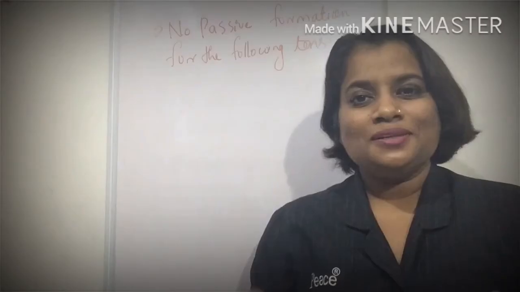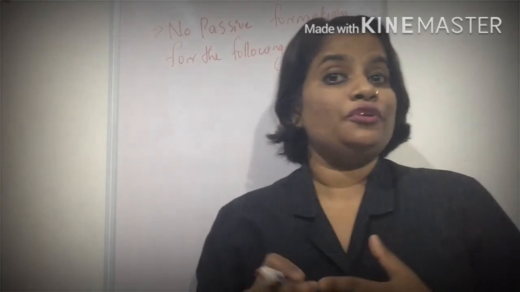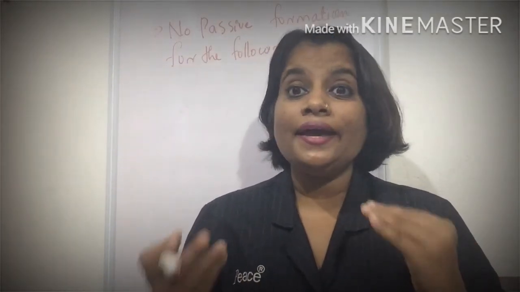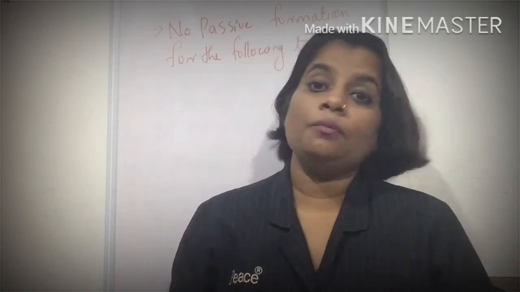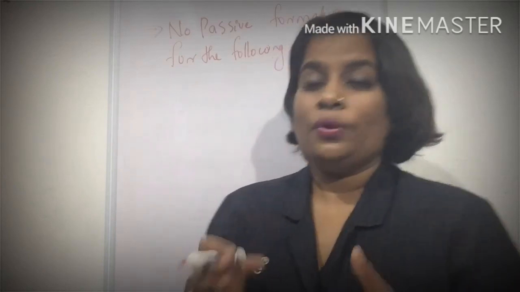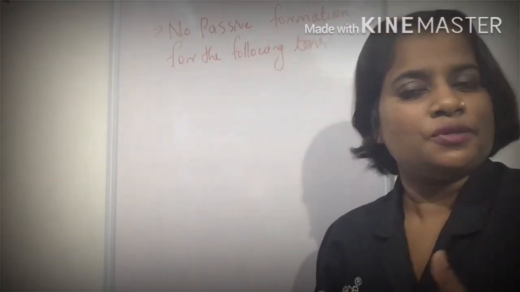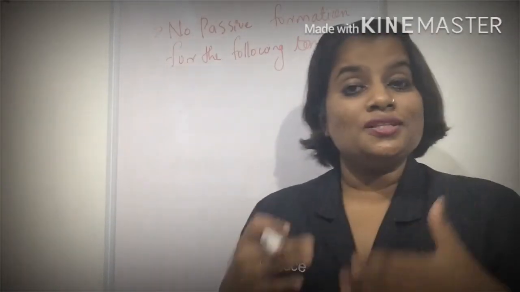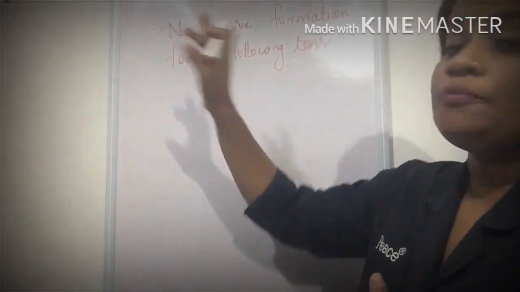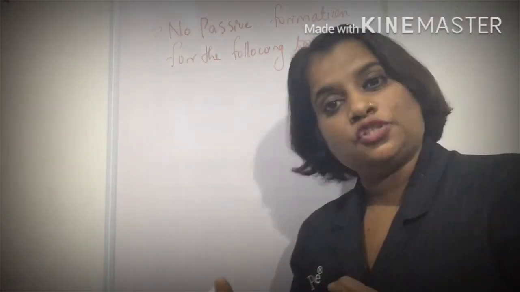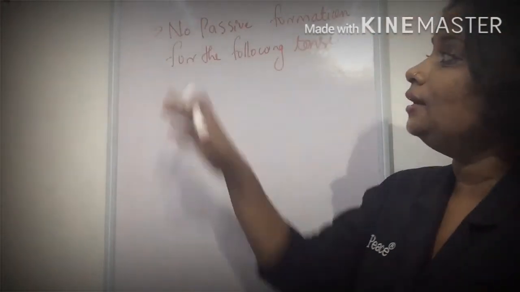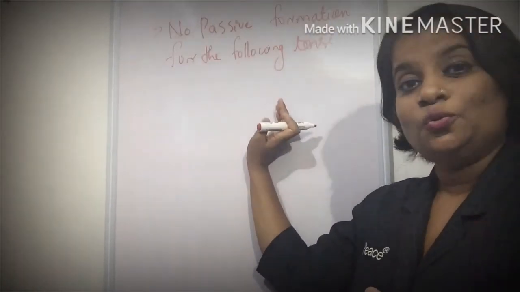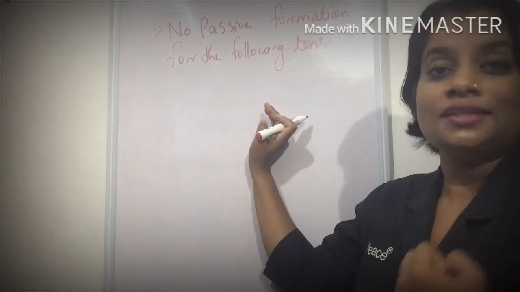Okay, children, let me clear one of your doubts. We just discussed only 8 tense structures. Then what about the others? We have some exceptional cases, especially in grammar. So here also we are following the same thing in the case of passive voice and active voice, or vice versa. There is no passive formation for the following tenses. Do you know which are the tenses?